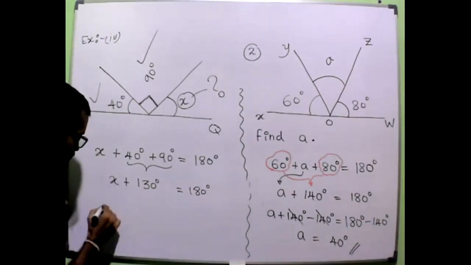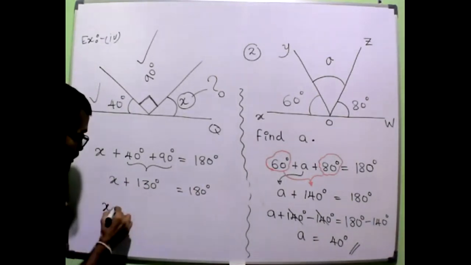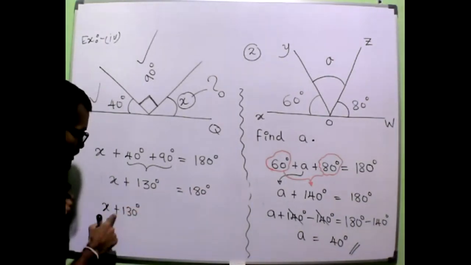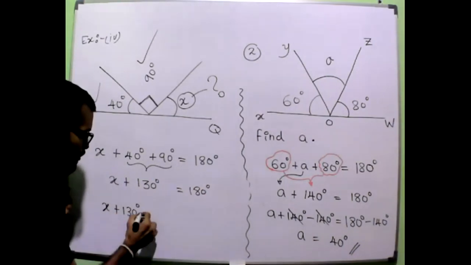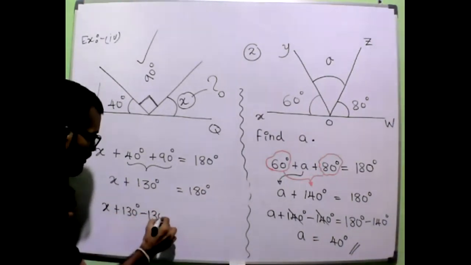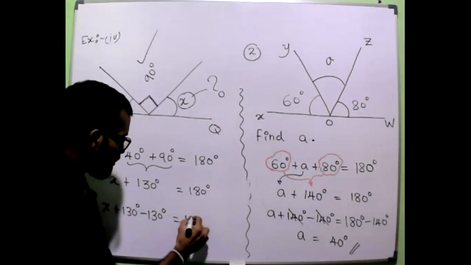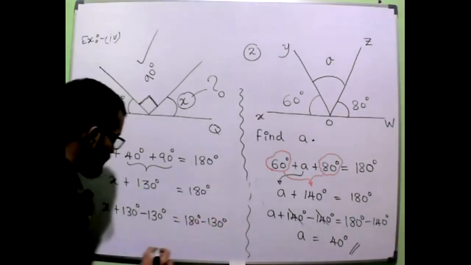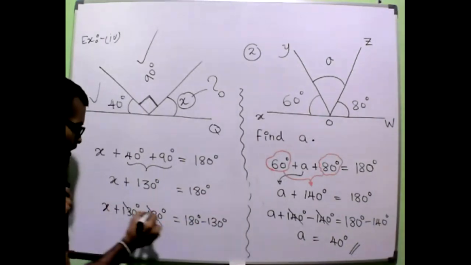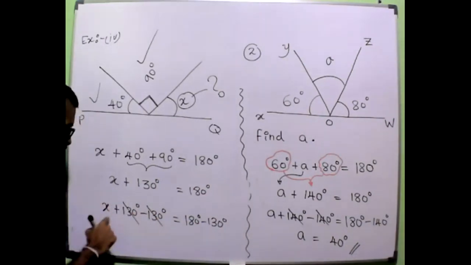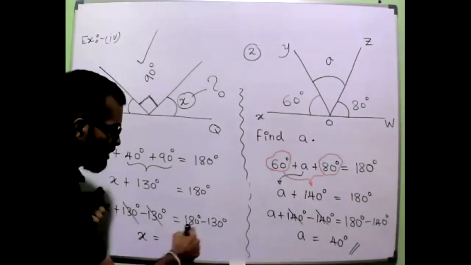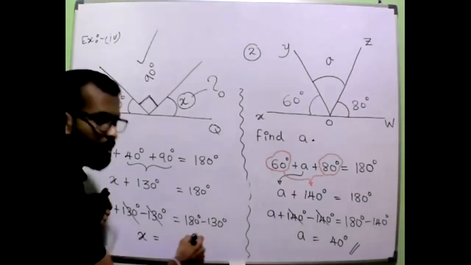This is x plus 130. This is positive. Now I am going to make it negative from both sides, right? Cancel out, cancel out. Now the only remaining term is x. 180 minus 130. It will give you 50.